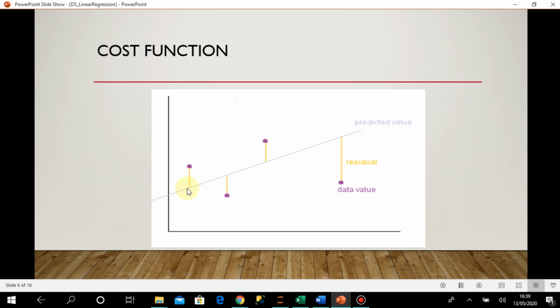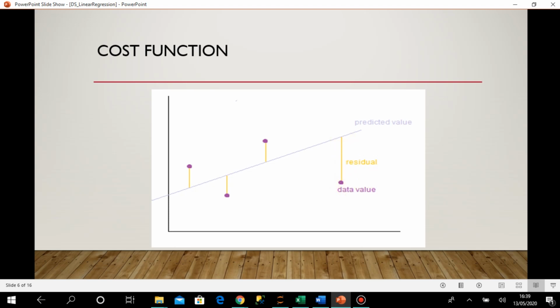For this particular value of x, this point on the line is the predicted outcome, and this violet one is the actual outcome. This is the distance between the predicted outcome and the actual outcome. The predicted outcome will always fall on this straight line. For this point also, it is on the negative side, but there is still a difference. So these violet points are the actual outcomes, these blue line points are the predicted outcomes, and this difference is called the residual.